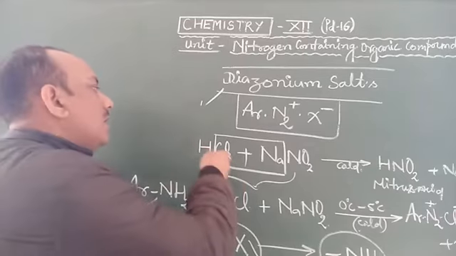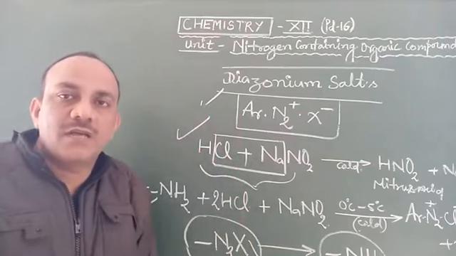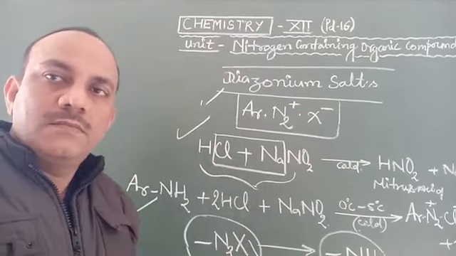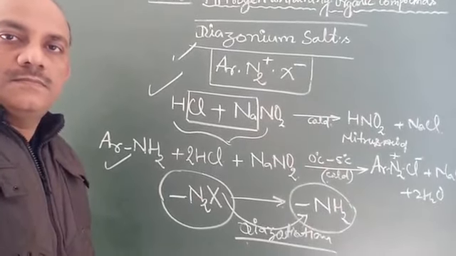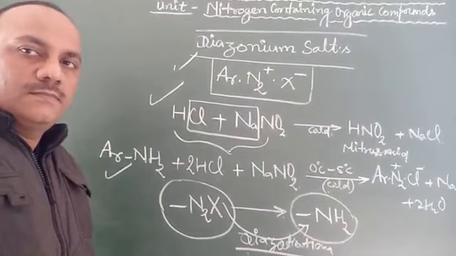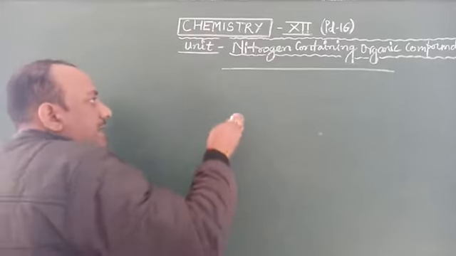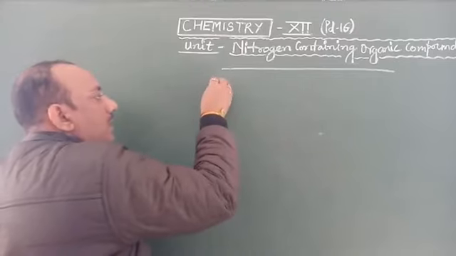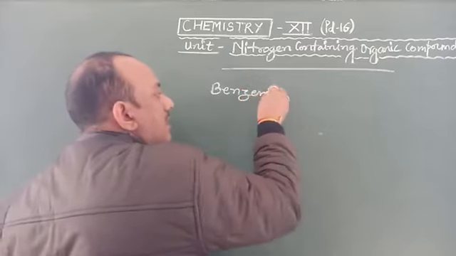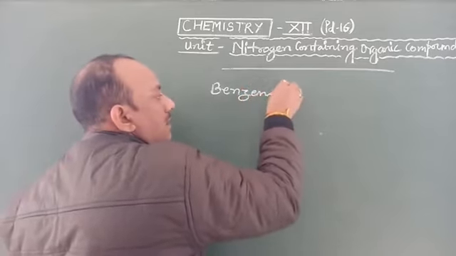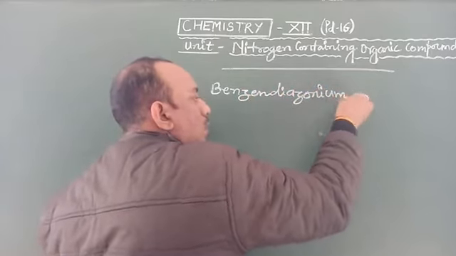Now we go on to the example of a diazonium salt and take its formation method. So we start with a compound named benzene diazonium chloride.